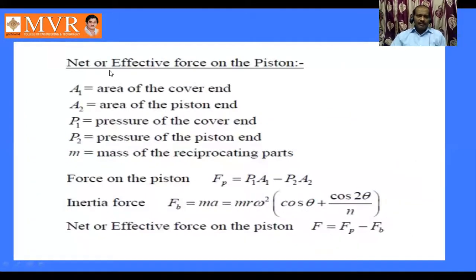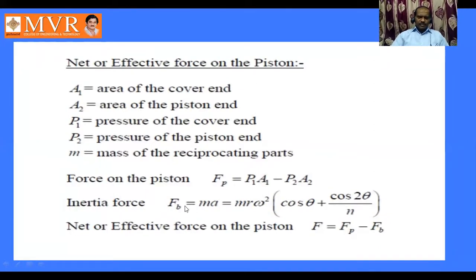So the net or effective force on the piston: A1 is the area of the cover end, A2 is the area of the piston, P1 is the pressure on the cover, P2 is the pressure on the piston, and m is the mass of the reciprocating parts. So the force on the piston is Fp equal to P1 A1 minus P2 A2. That is the pressure force.